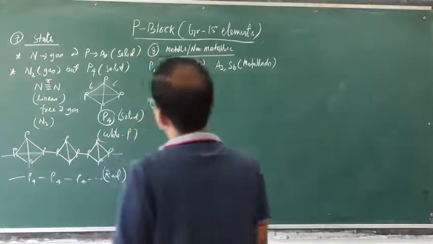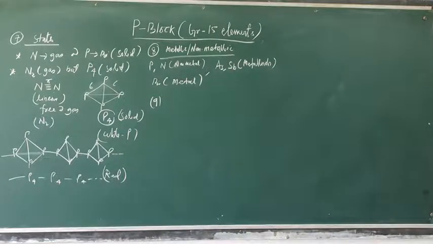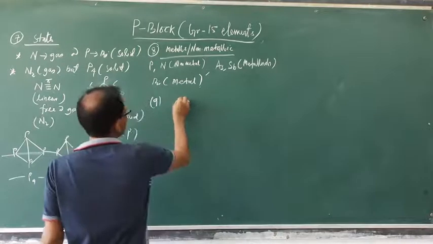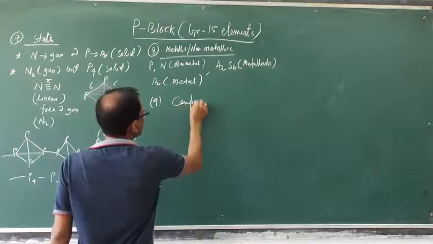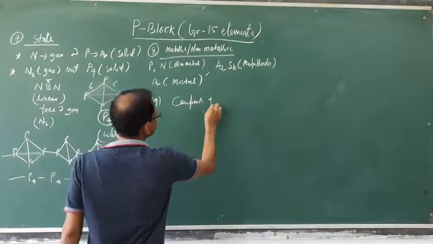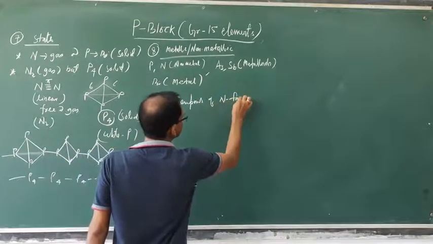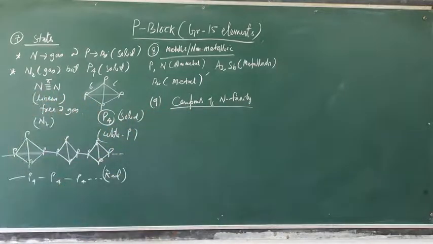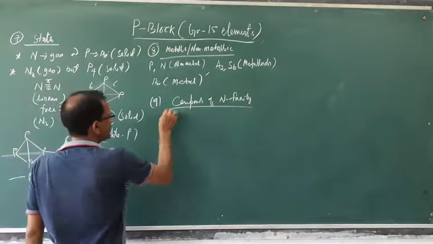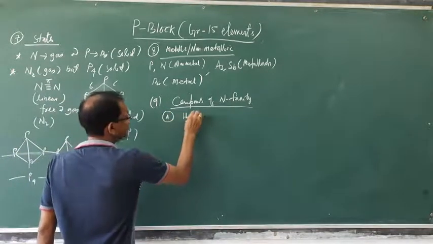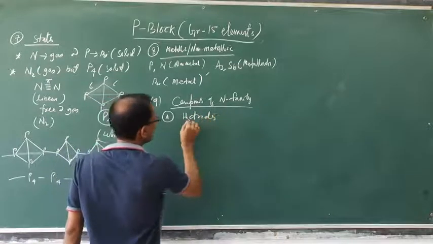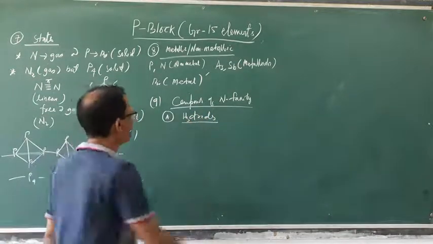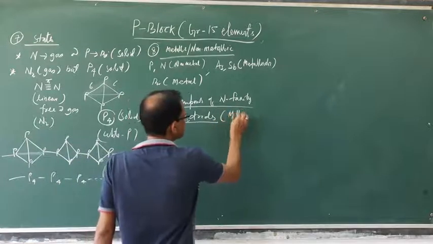Then if you see the compounds of the nitrogen family, generally let us first discuss the hydrides. The hydride general formula is MH3.